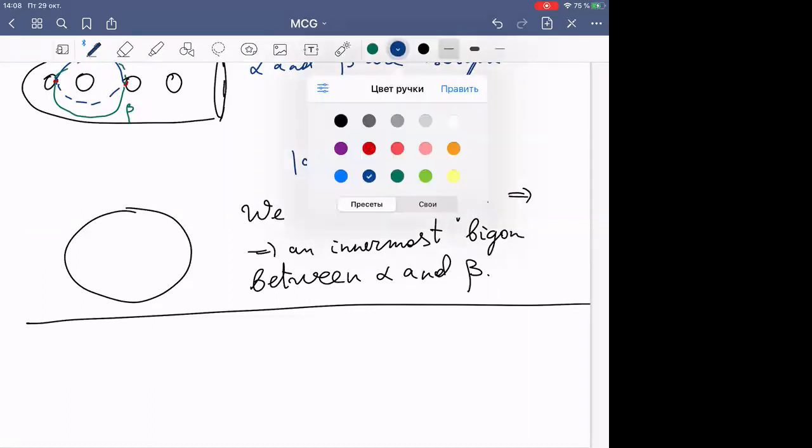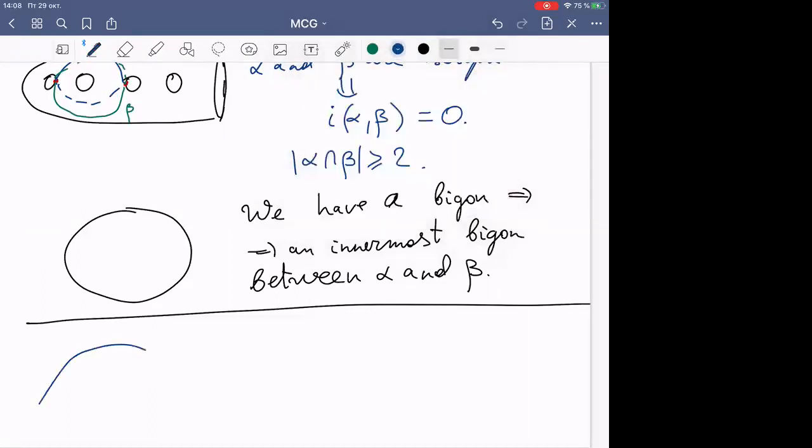All bigons look like a disk, okay? But here we have 3 possibilities. This bigon can have no fixed points. It may contain 2 fixed points or 1 fixed point.